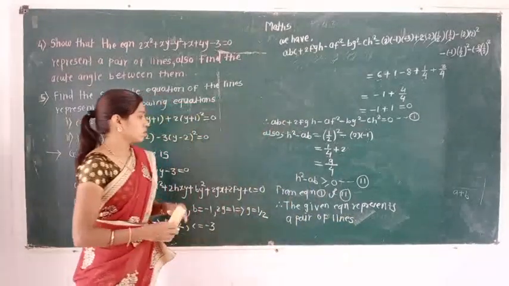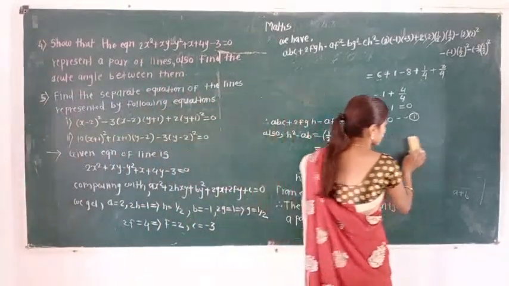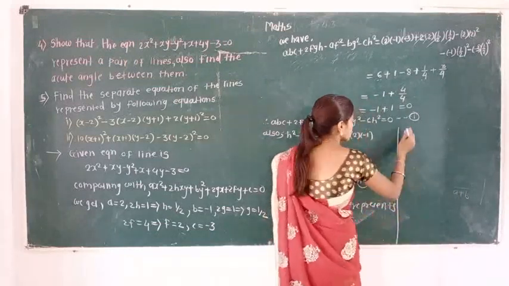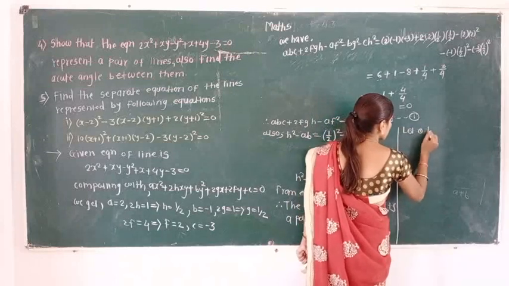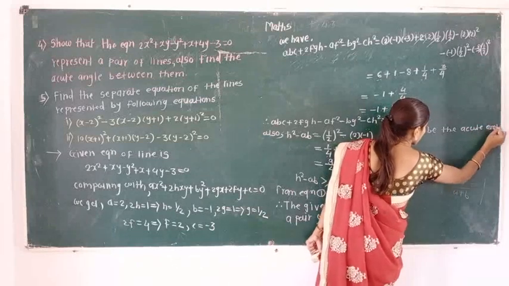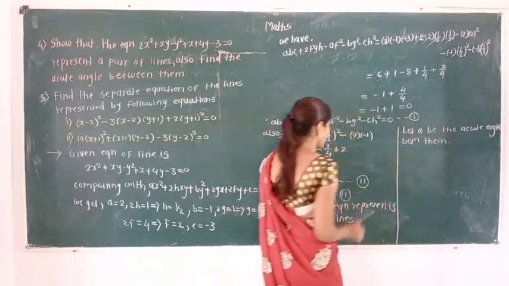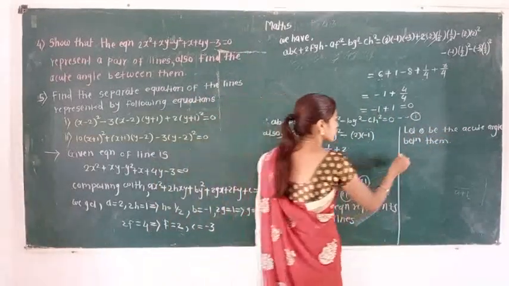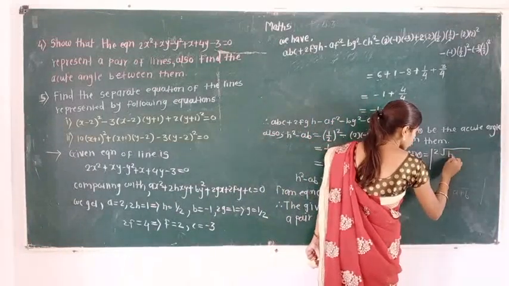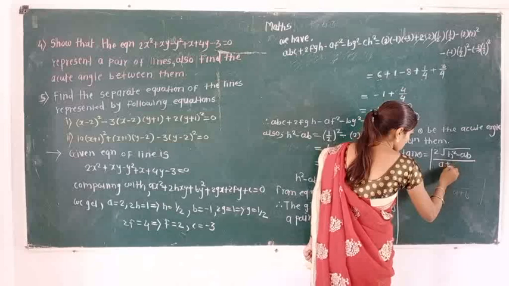Now for finding the acute angle theta between them, let theta be the acute angle between them. Theta is the angle between these two lines. We take the formula tan theta is equal to 2 root of h square minus ab whole term divided by a plus b.